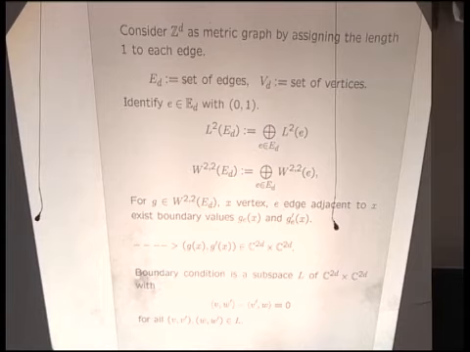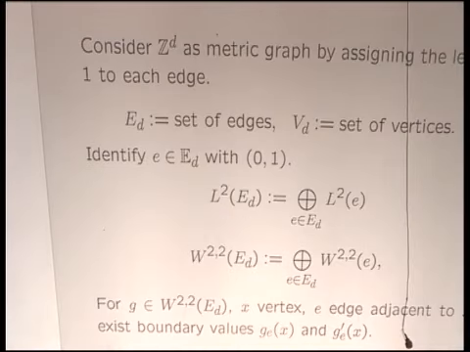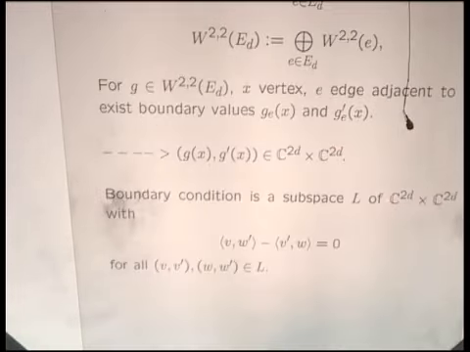So whenever we have a g in the Sobolev space, we can look at its boundary values g(x) and g'(x). And the boundary condition is then a maximal subspace, maximal is not visible, but meant, a maximal subspace L of C^{2d} × C^{2d}, which has this property.